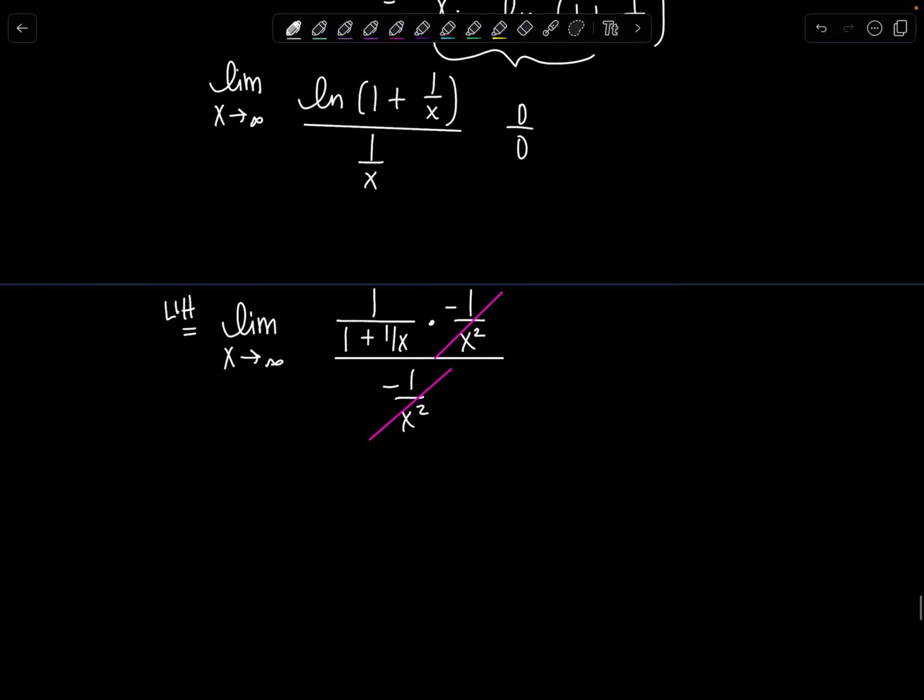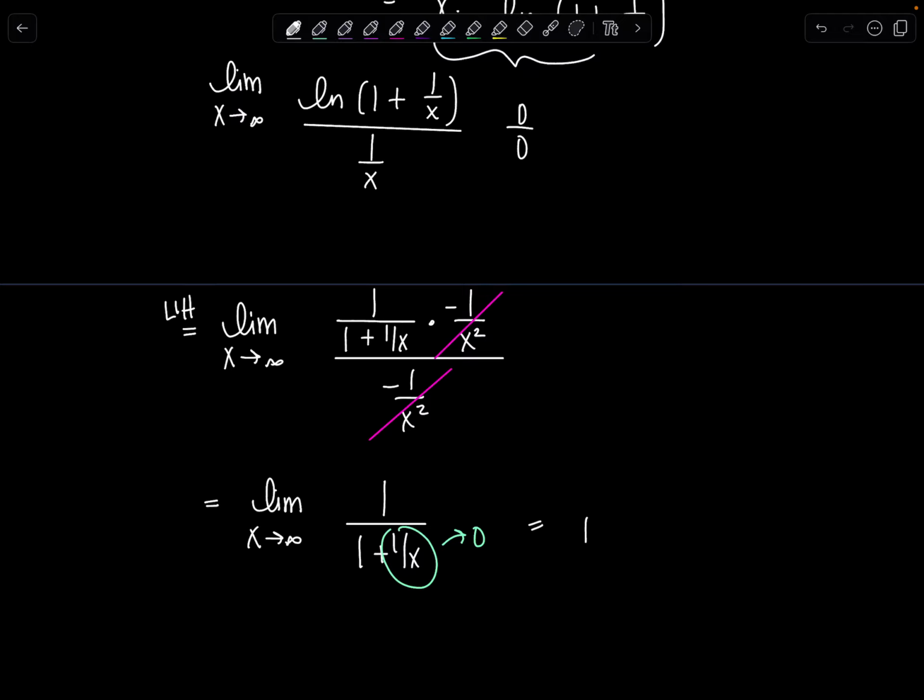Beautiful. So then we have the limit as x approaches infinity of 1 over 1 plus 1 over x. From here, I can just proceed to take the limit. As x goes to infinity, 1 over x goes to 0, so I'm just left with 1 plus 0 in the denominator. I have 1 over 1, that's 1.